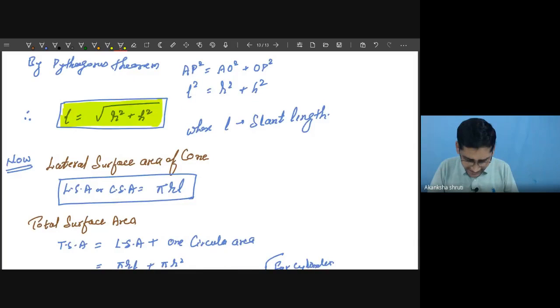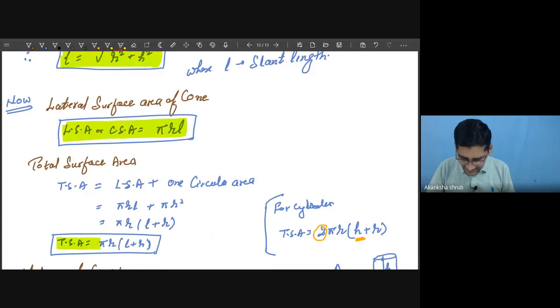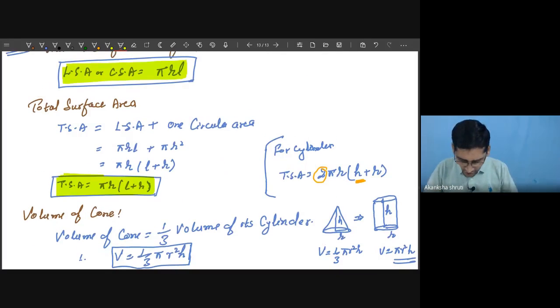Because with the help of slant length we can calculate the curved surface area as pi r l, and total surface area as pi r bracket r plus l. So this slant length l is helpful in calculating the surface area, but it is not required for calculating the volume, because volume is obtained by 1/3 of pi r square h. No l is there.